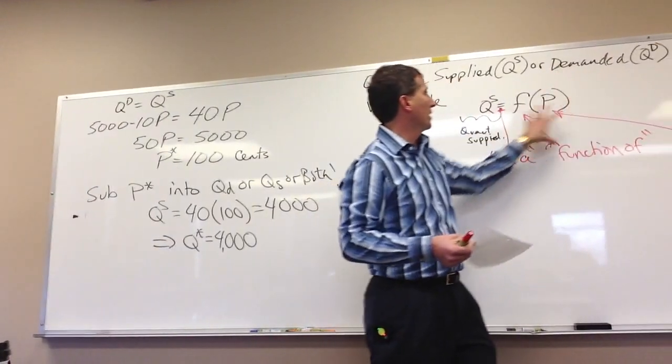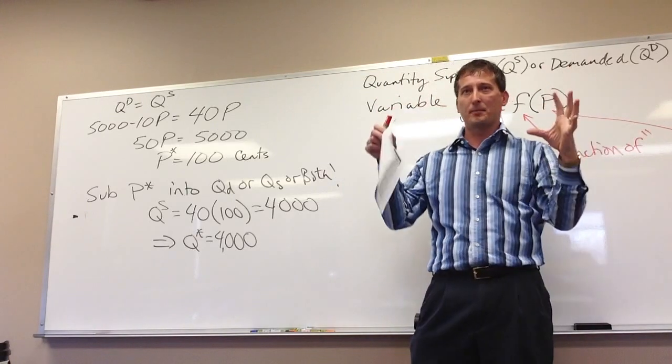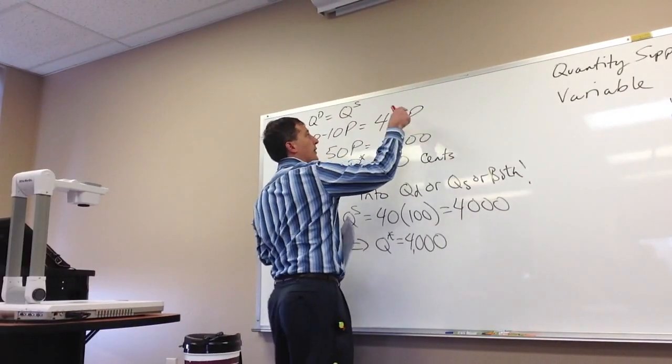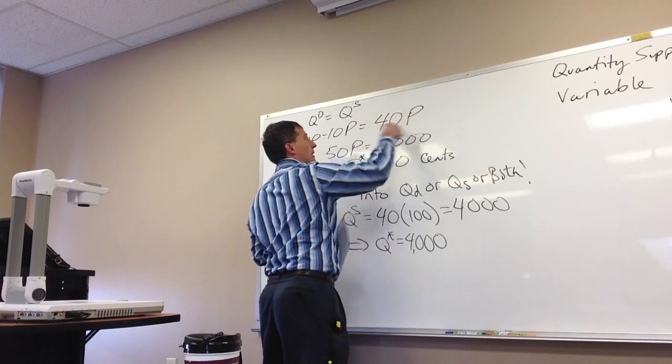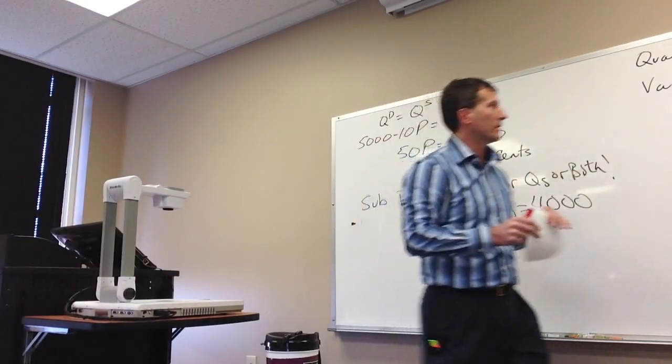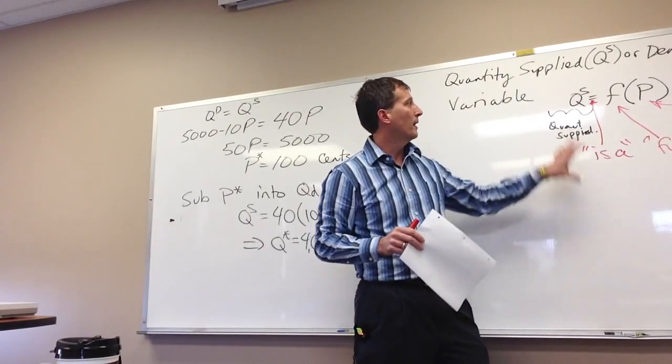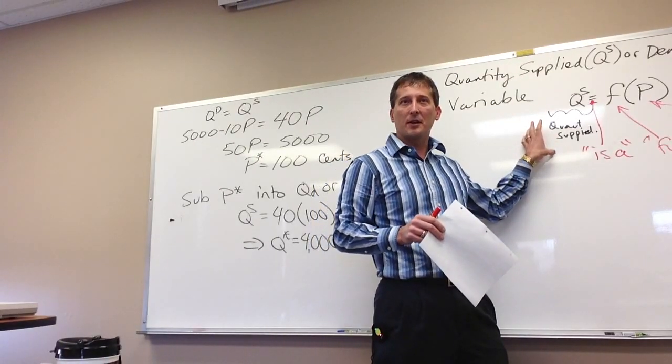Right now, we're just going to look at price and think about the simple setting, the simple equation here, the way we've got it, is that the quantity supplied is dependent upon price in this particular setting under our ceteris paribus assumptions. All right, questions on that so far?